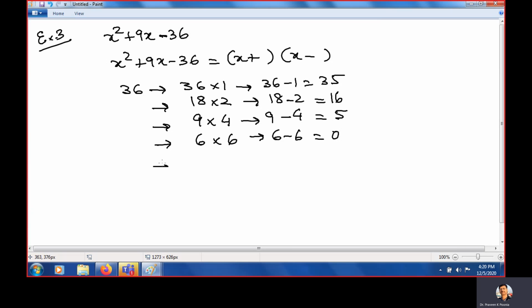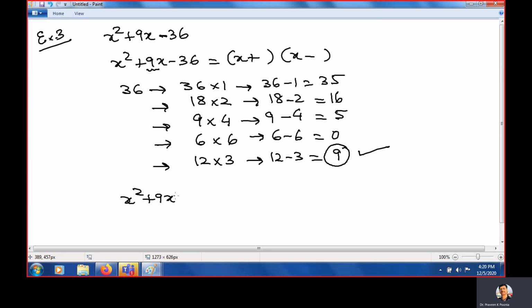So if you see here, there is one factor we forgot: 3. 12 times 3 is 36. So 12 minus 3 is equal to 9. So this number is 9 here, and we will match the 9 here. So what will be the factors?